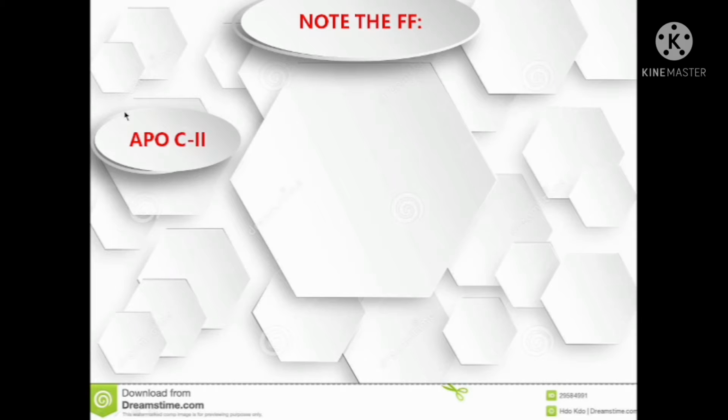I want us to take care of the following. ApoC2, apolipoprotein C2: I want us to know its function before we enter into the endogenous pathway. ApoC2 functions to stimulate lipoprotein lipase, which I spoke about last time.